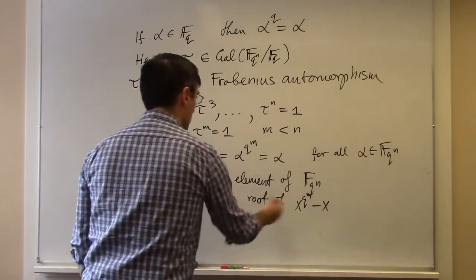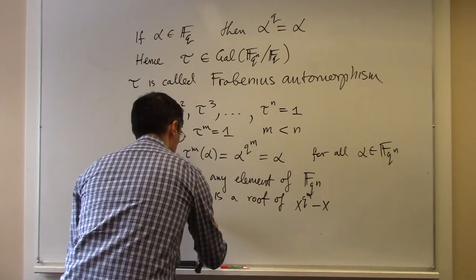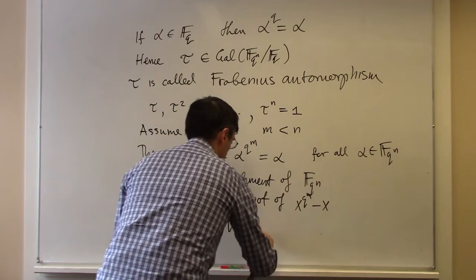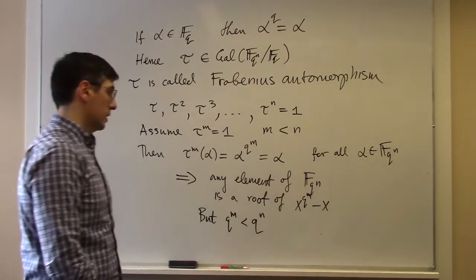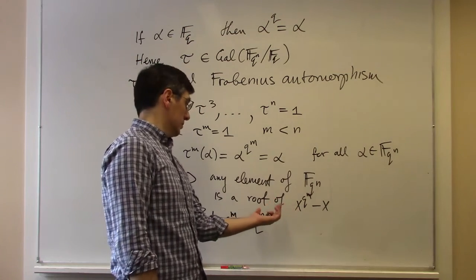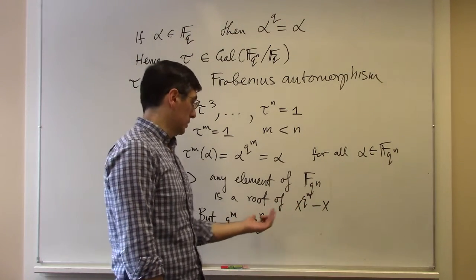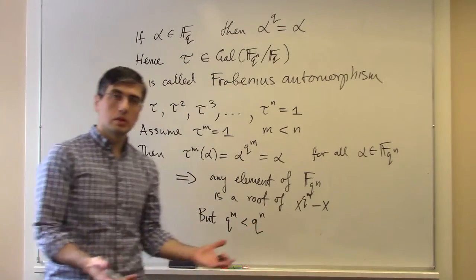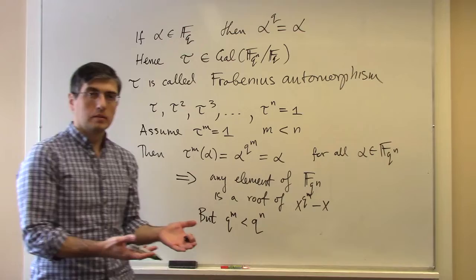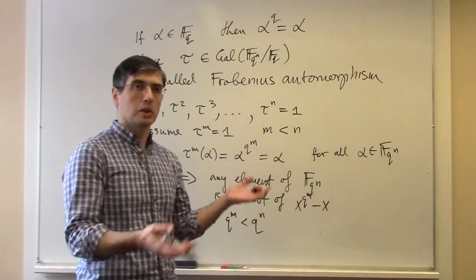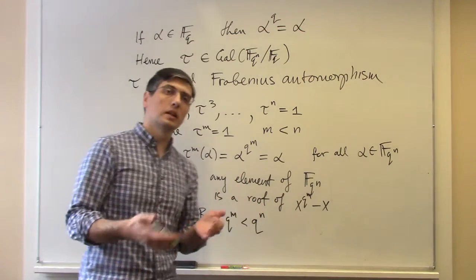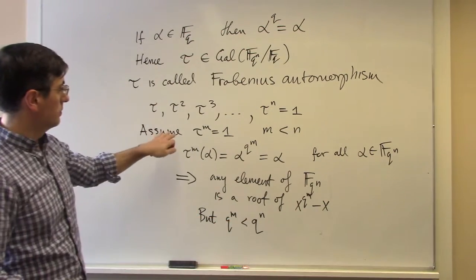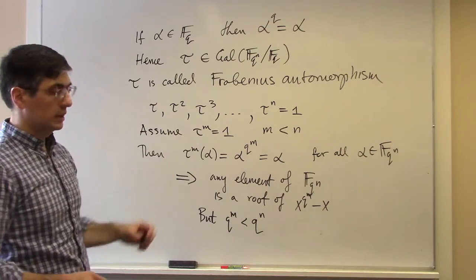But since q^m is strictly less than q^n, what you get is that a polynomial of degree q^m has q^n distinct roots, and this is a contradiction because over a field a polynomial has at most as many roots as its degree. This cannot happen, and this is the conclusion.